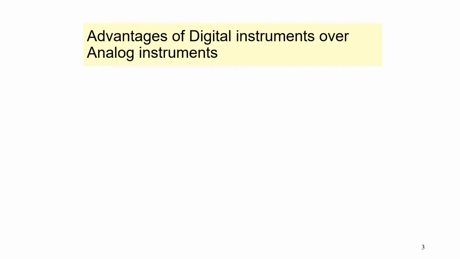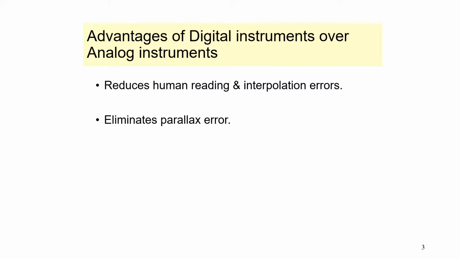As we have already seen, a digital instrument displays the output in the form of numerals. So the advantages of the digital instruments over analog instruments we have already seen. It reduces the human reading and interpolation errors.